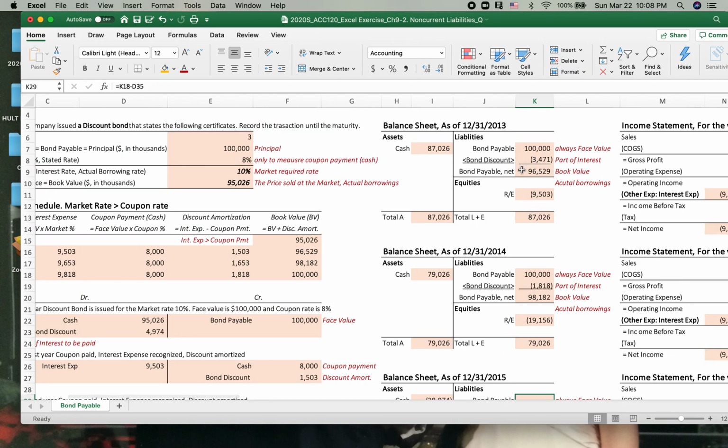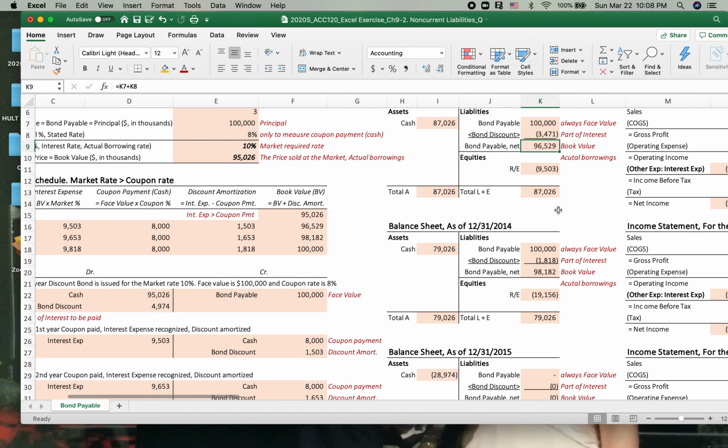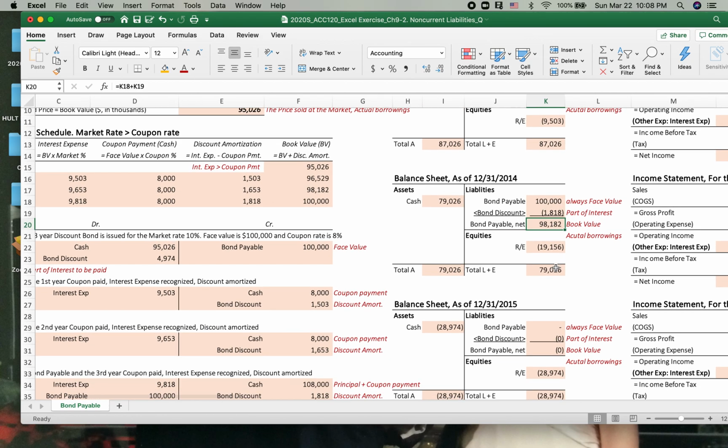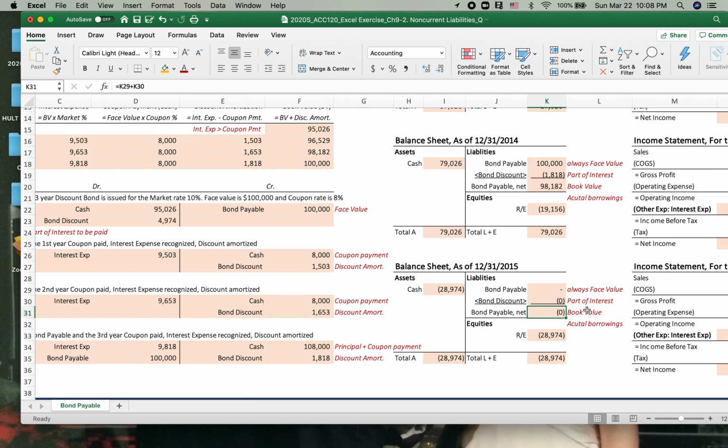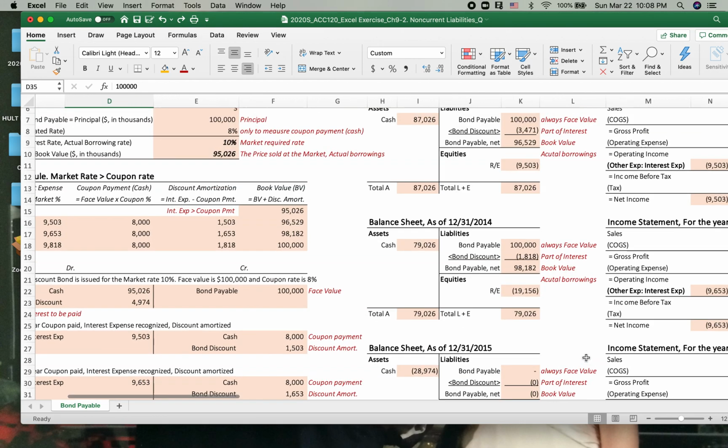And then the bond payable net amount increases as the discount is amortized, and reaches 100,000 before the payment, and then when the company paid, nothing. Okay, so that's it.